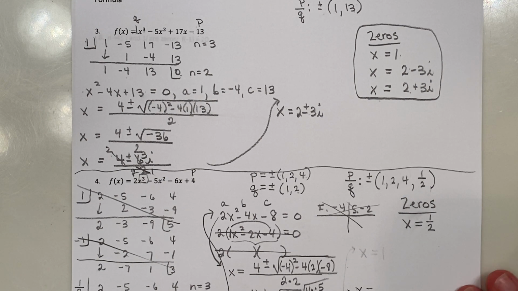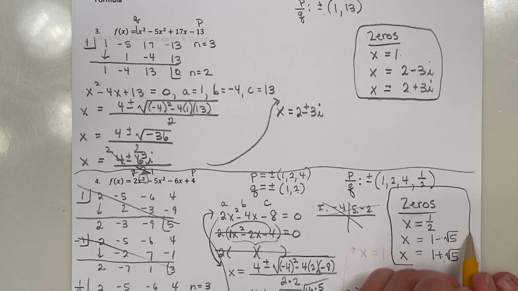X equals 1 plus or minus square root of 5. So I have 2 more zeros: 1 minus square root of 5 and 1 plus the square root of 5. Notice these are irrational conjugate pairs, and they always occur in pairs, irrational zeros do. So 1 rational and 2 irrational zeros.